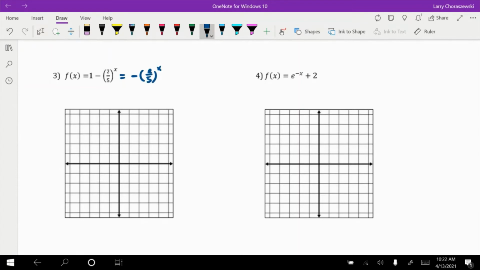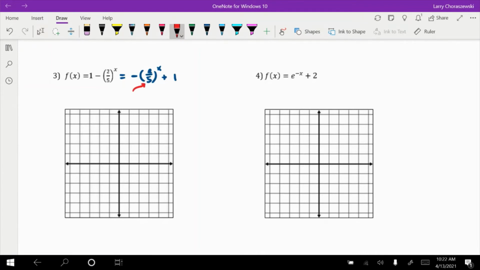And then the 1 is positive, and for that reason, I'll finish this off with plus 1. So negative 2/5 to the power of x plus 1 is the rewrite of the function, and this is kind of in a better format for us to identify those transformations.